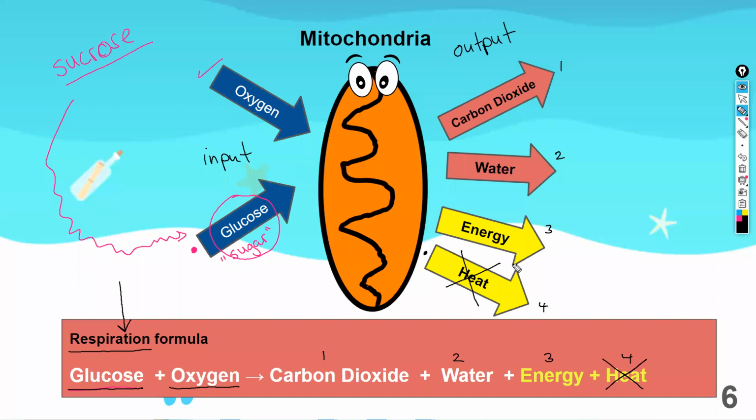Now, not everything coming out of a machine is useful. Look at these three things: carbon dioxide, water, and energy. Let's go through each one of them.